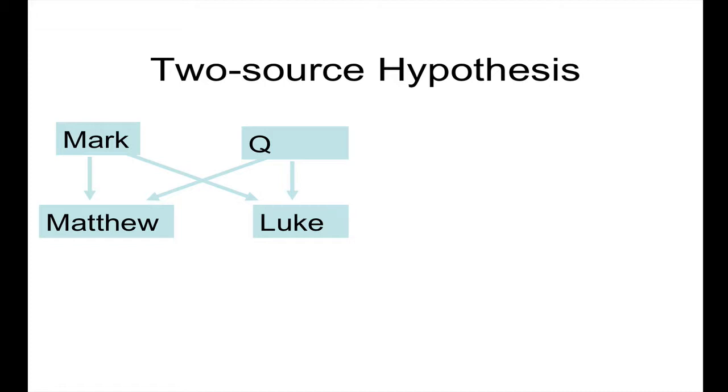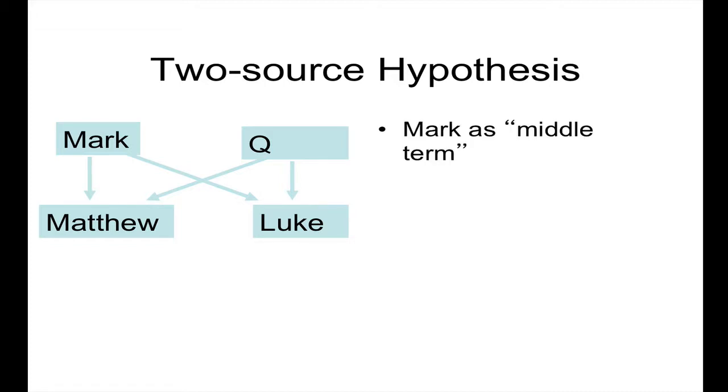And that is that Mark and a sayings source called Q were available to Matthew and Luke. Matthew used Mark and Q, Luke used Mark and Q. Before we say more and complicate the story, we just want to say why this diagram does a good job of explaining the basic facts.